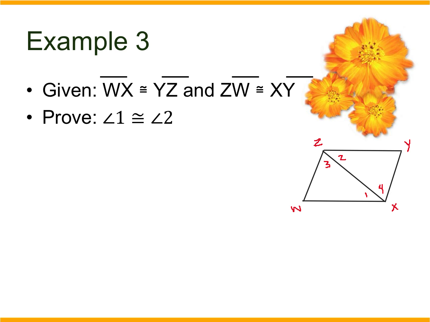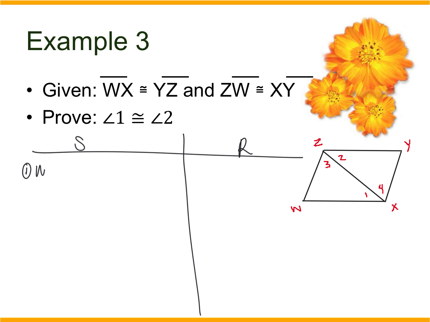All right, let's go ahead and go over this one. Example number 3. Given WX is congruent to YZ and ZW is congruent to XY. Let me go ahead and make my column proof. Prove that angle 1 and angle 2 are congruent. So I have my statements, I have my reasons. WX is congruent to YZ and ZW is congruent to XY.